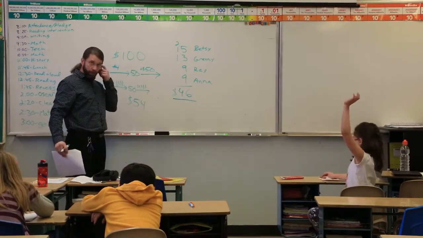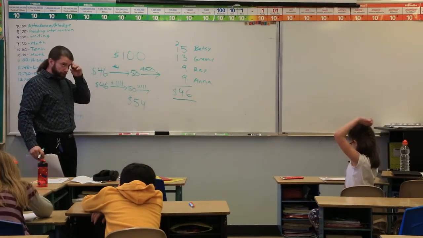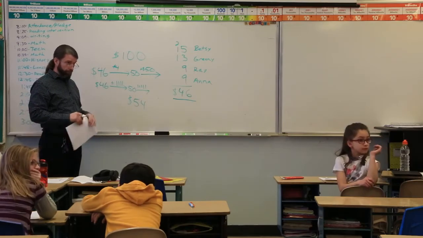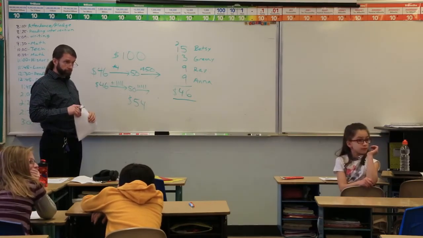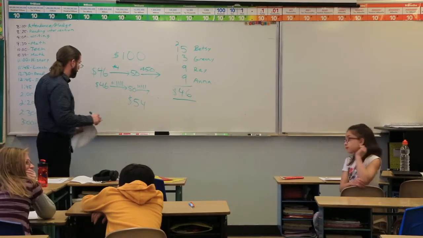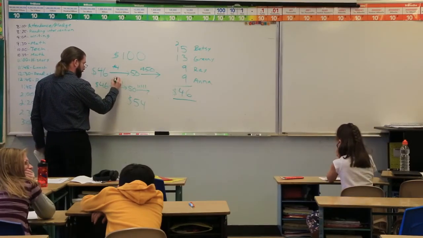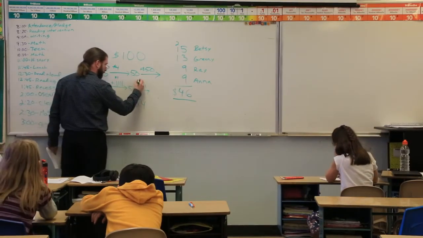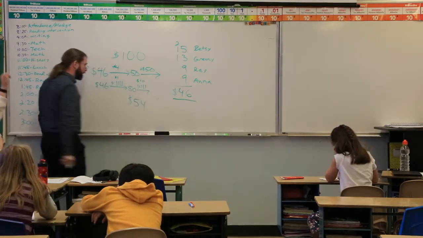Bella? Problem with that is if somebody else were to see that, they might get confused and be like, okay, well that's ones, and then they're adding more ones? So if I were to do this, these are $1, these are $10.